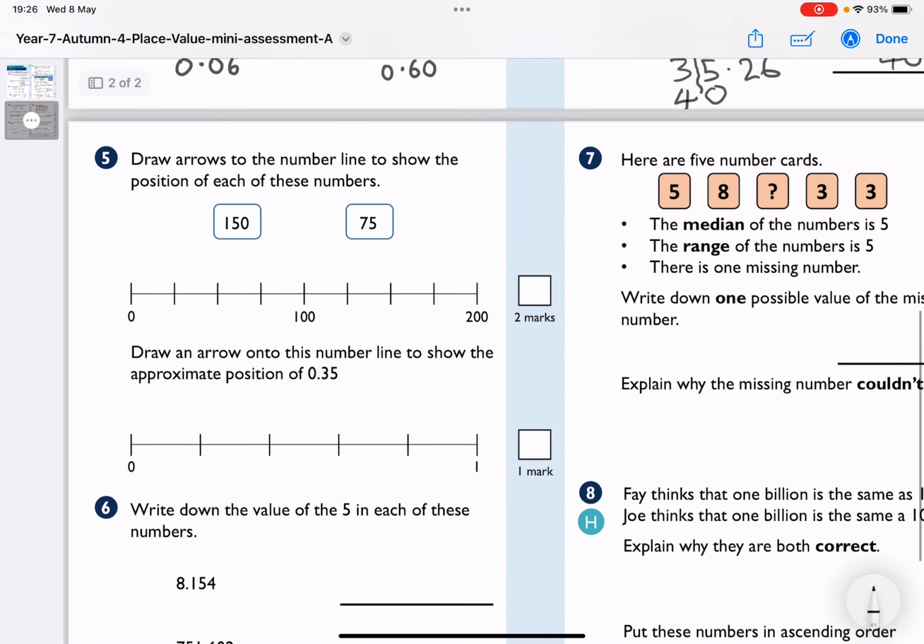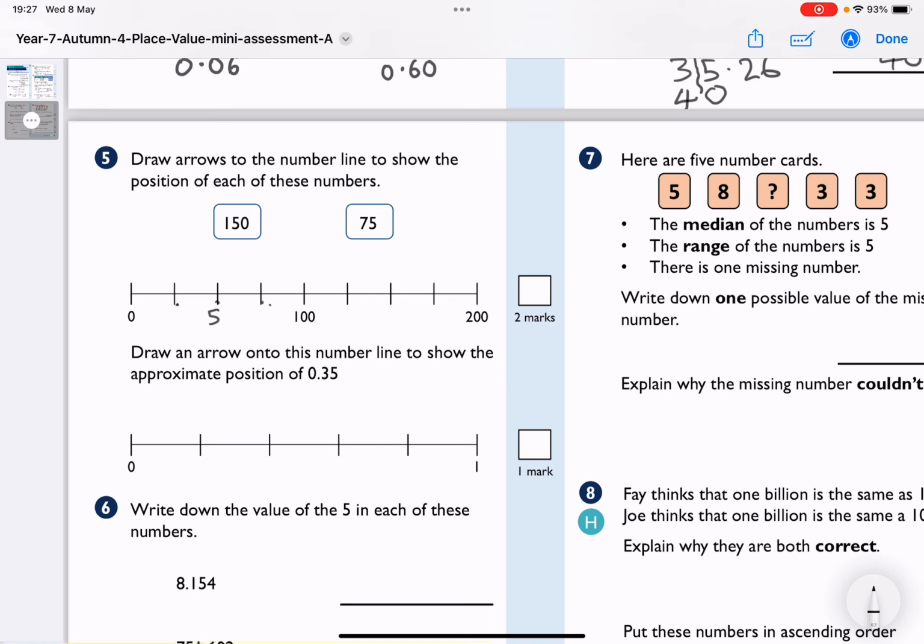Okay, number 5. Draw arrows on the number line to show the position of each of these numbers. Well, I'm a big fan of scales, and I always look to see whether they're going up in 10s, 20s. 10, 20, 30, that's not 100. 20, 40, 60 is not 100.